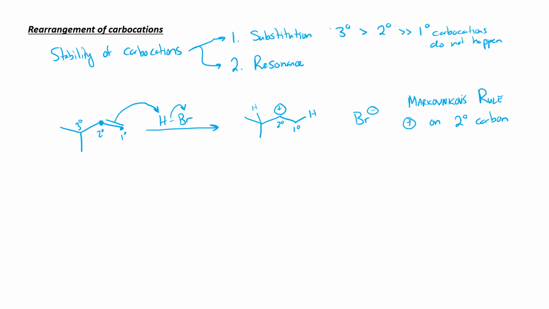A tertiary carbocation is going to be more stable than a secondary carbocation, and so we can move this sigma bond over to this position and create a tertiary carbocation. Okay. This is rearrangement. So rearrangement happens basically to create a more stable carbocation.